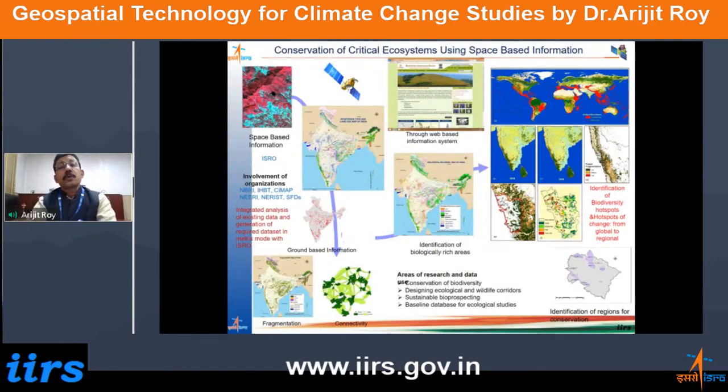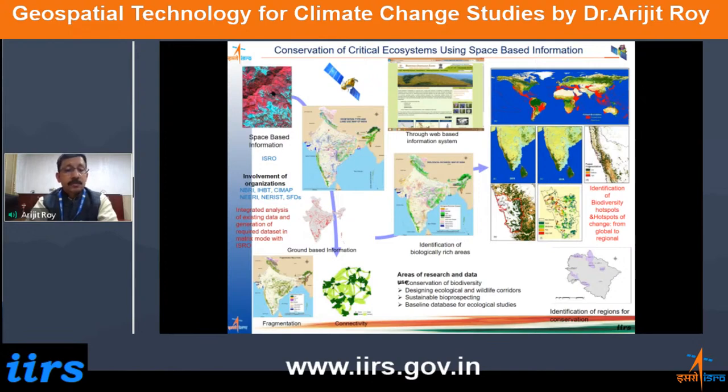So how do we go forward? We have to conserve our ecosystem in such a way that we are able to mitigate the impacts of climate change on our ecosystems. Space-based information will provide us a snapshot of the state of the Earth's surface at a particular time.